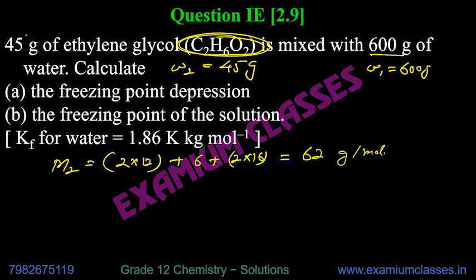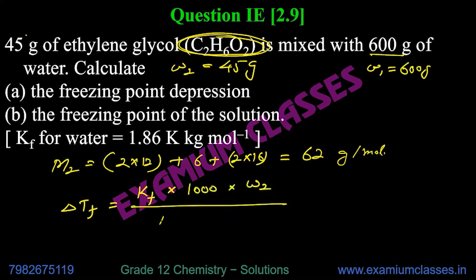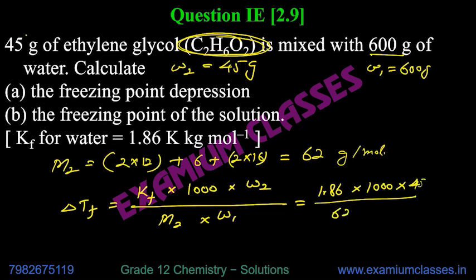Now we know that delta TF is equal to KF into 1000 into W2 divided by M2 into W1. Substitute the values. W2 is 45 and M2 we have calculated 62, W1 600. When you solve this one, you will get 2.25.